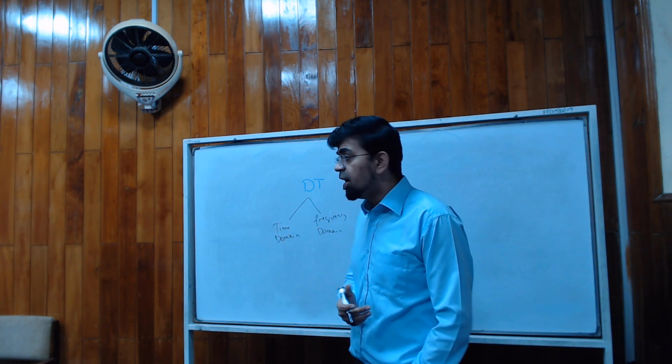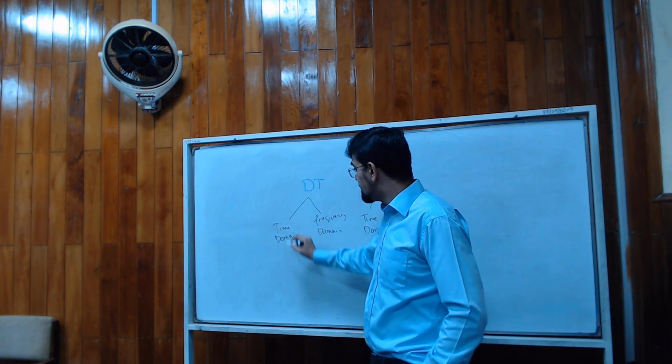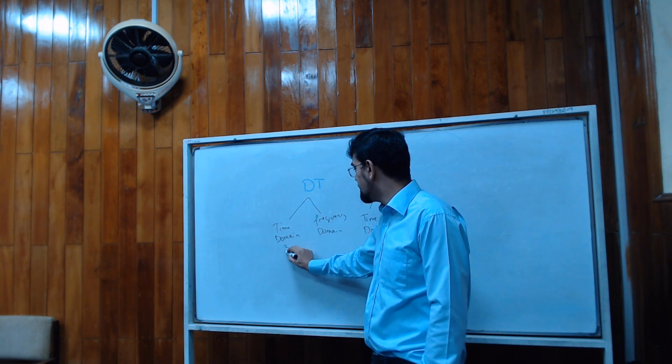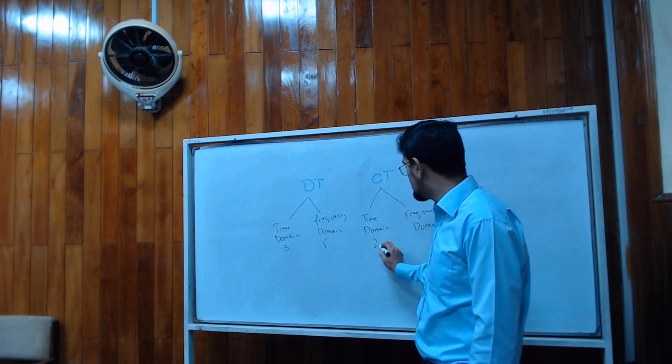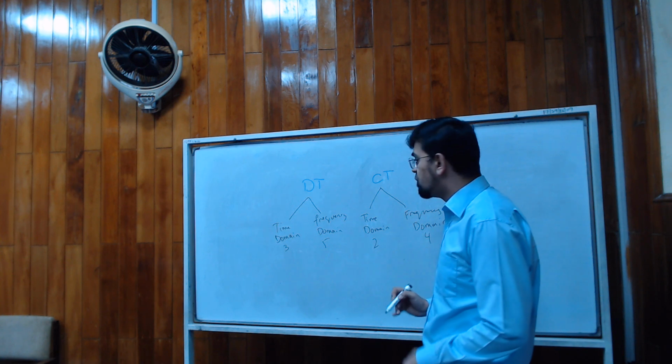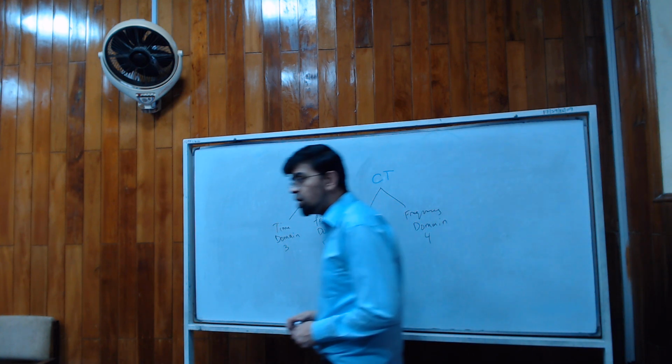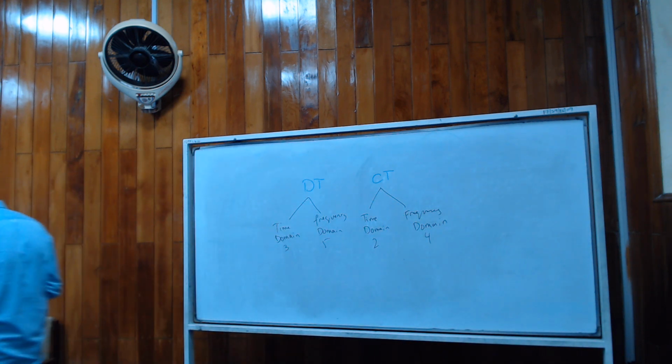I think. And here what we do is, this is chapter 3, this is 5, this is 2, this is 4. Okay, so the way I teach this course is that I do 3 and 5 first, which is what? We will restrict ourselves to discrete time signals and discrete time systems.